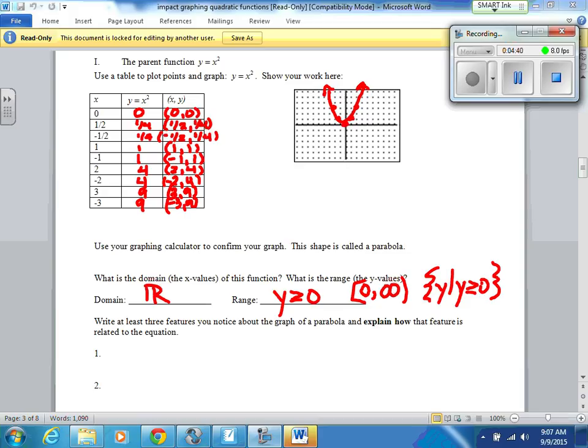What's the equation of the axis of symmetry? What is the equation of this line right here? Close. Remember your exercises. This is y equals, this is x equals. X equals 0. So your axis of symmetry is x equals 0.